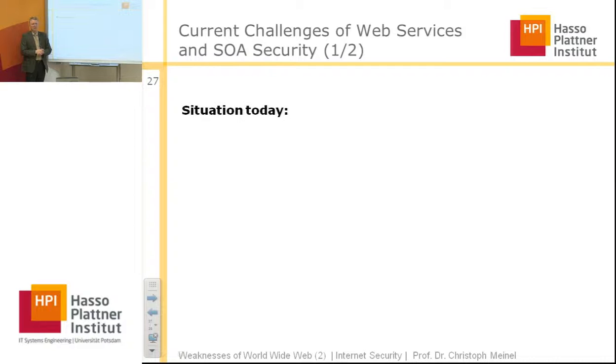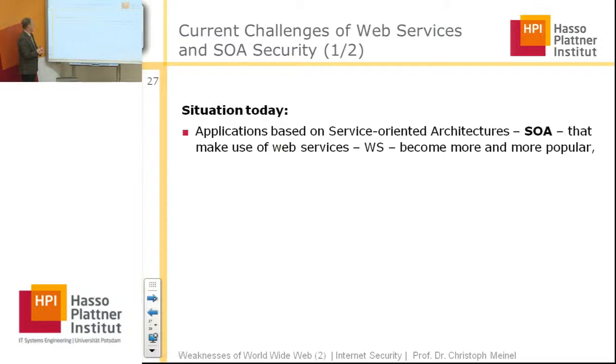When we speak about applications in the web, then new and modern applications are service-oriented architectures. So the situation today is that applications are based on such a service-oriented architecture, SOA, that make use of web services.